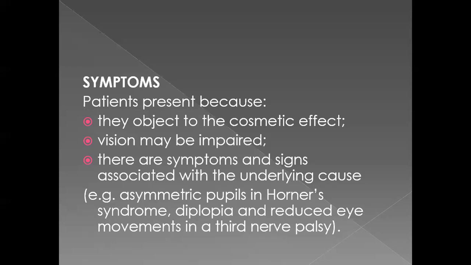Another symptom is that whenever the ptosis is severe, the drooping is severe, the patient will not be able to visualize anything. He has to lift his face up in order to see any object. Why?